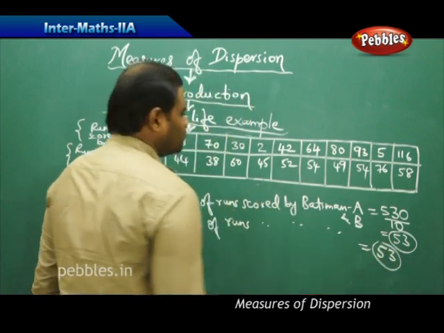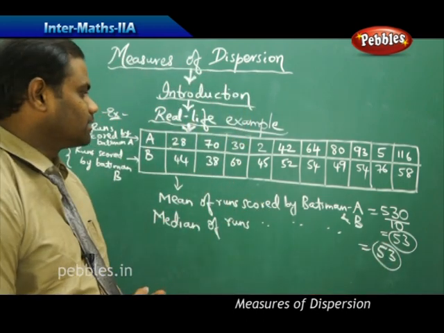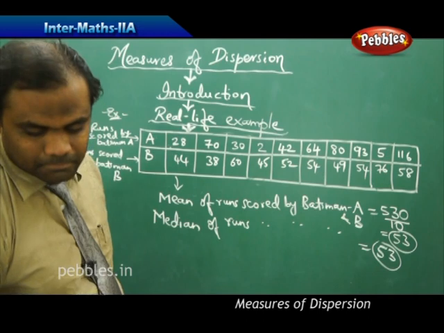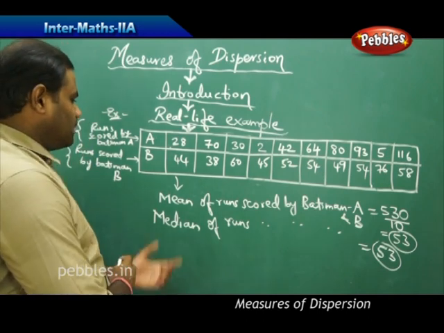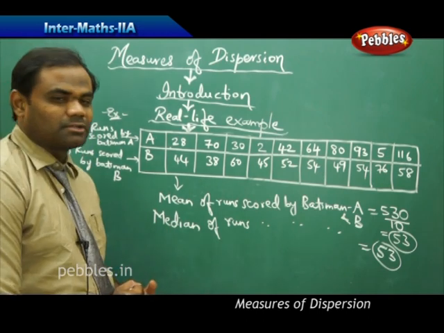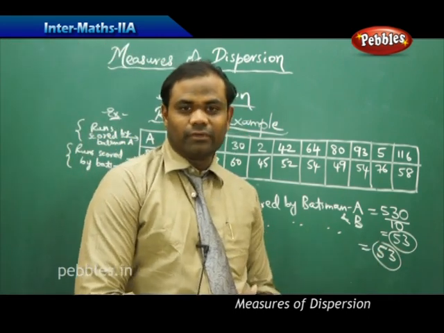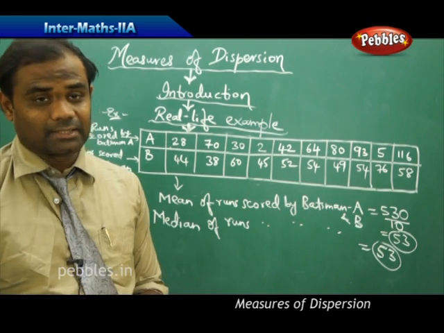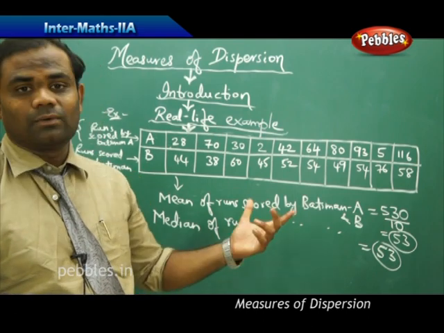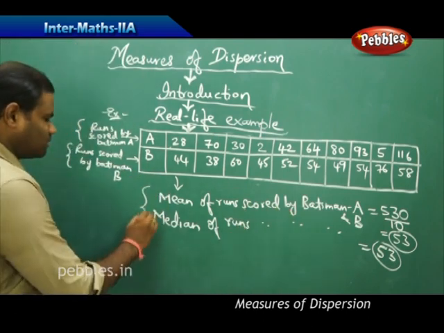That is the middle value. So my mean and median being 53 tells me that 53 is the value on which the whole data is centered, as we get from the measures of central tendency.